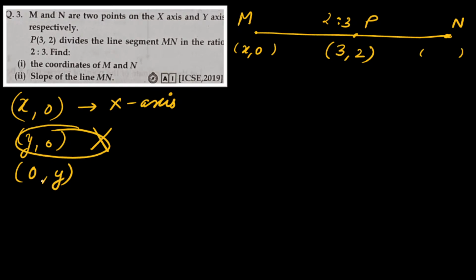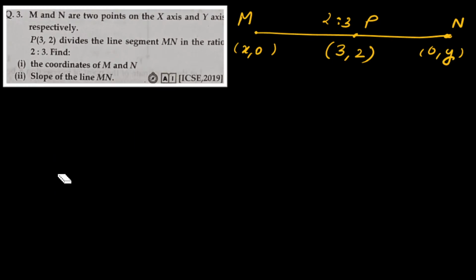A point which lies on y-axis has x coordinate 0, so it is 0, y. I hope this is clear to you all. We have drawn the given conditions.